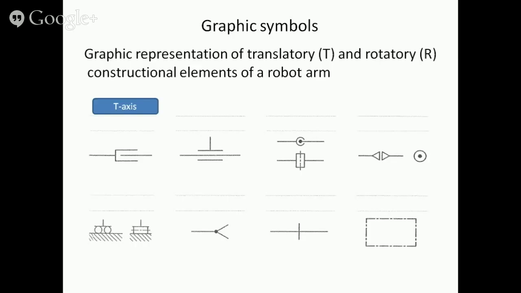T axes are either telescopic, that means they move in this direction, out and in, or they are aligned. Moves means they are moving from the left to the right, from the right to the left.